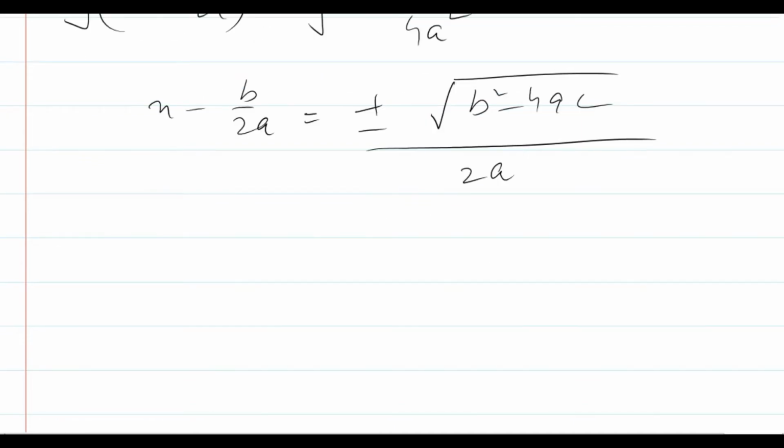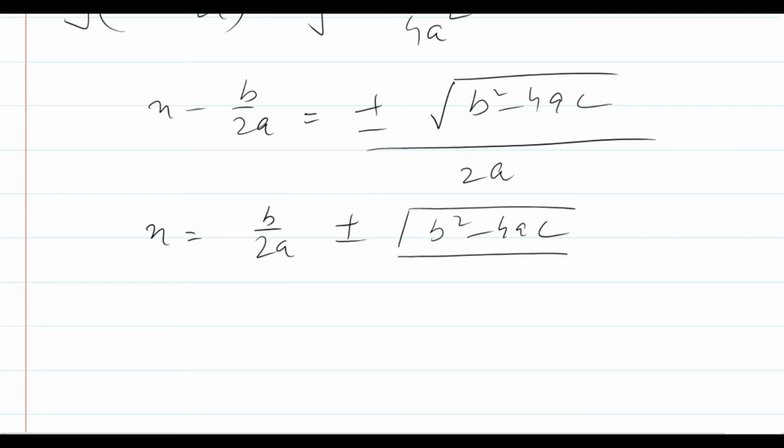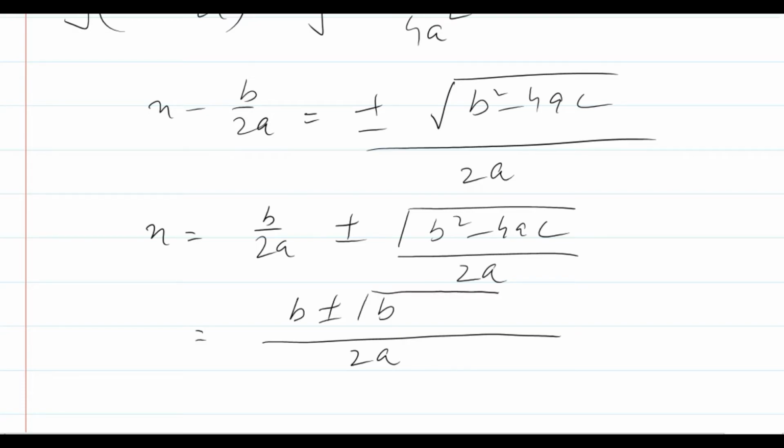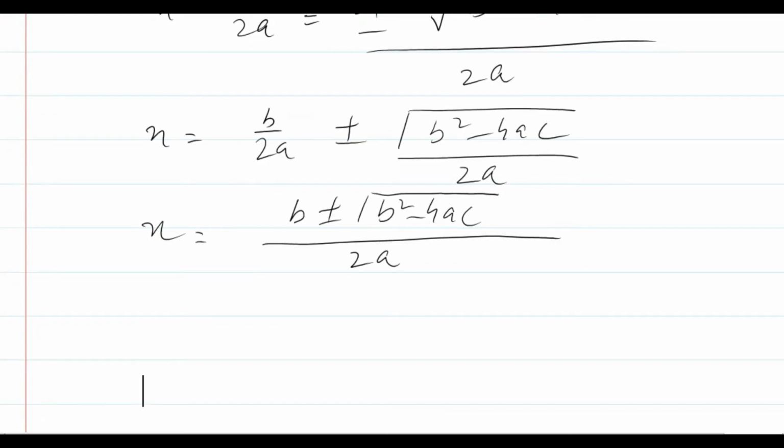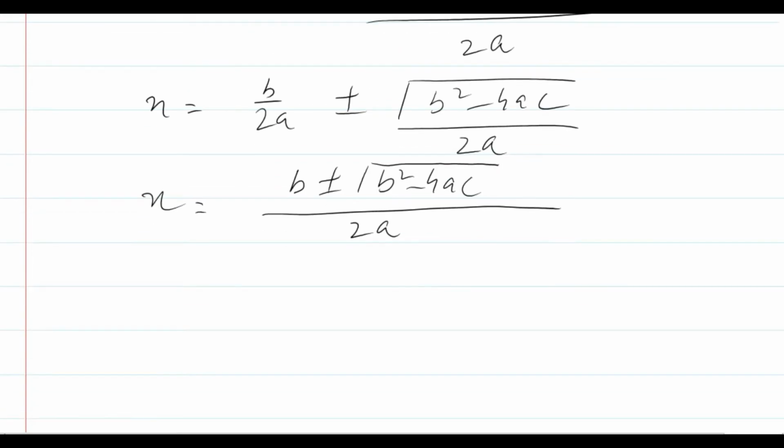On further simplification, you will get x equal to b over 2a plus minus under root b square minus 4ac over 2a. On taking LCM, you will get x equal to b plus minus the square root of b square minus 4ac, over 2a. This is the solution for the first equation.